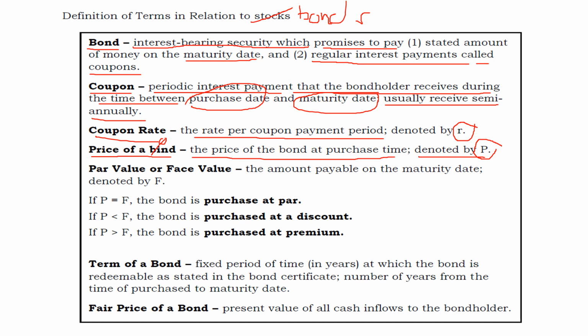Now moving forward with the par value or face value, the amount payable on the maturity date, denoted by big letter F. So we simply use this big letter F to represent the par value or face value. Now, the par value is the face value of a bond. That's why we simply replace par value with the term face value.